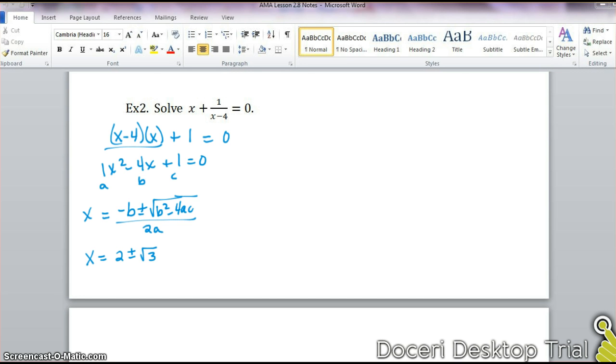And I'm going to substitute that 2 plus square root of 3, and then you again do it with 2 minus square root of 3. So that's x plus 1 over 2 plus square root of 3 minus 4 equals 0.